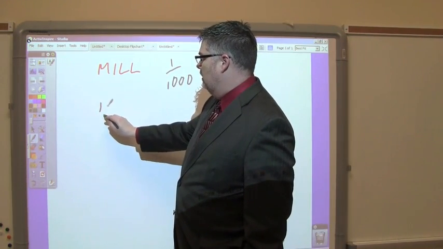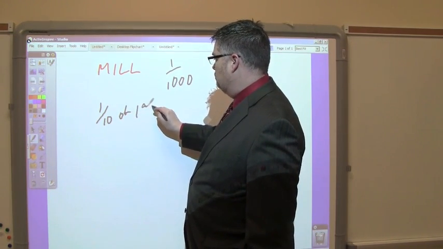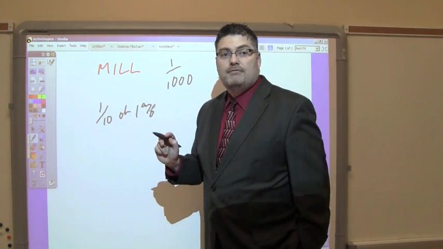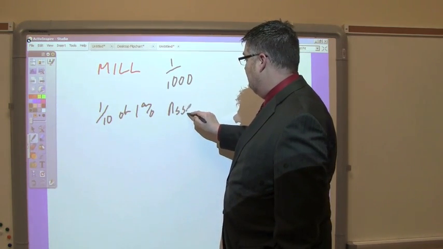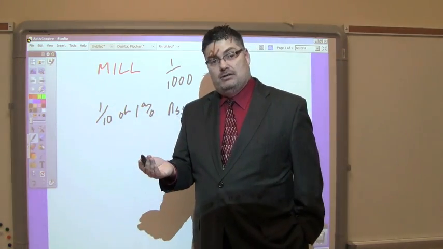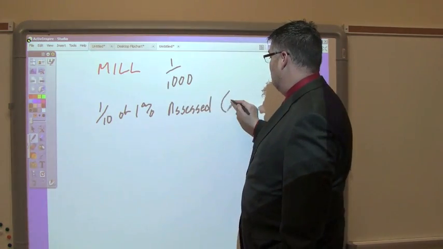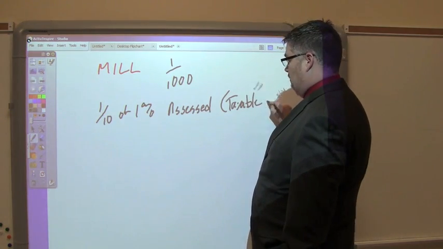I say a mill is 1/10 of 1% of the, and this is critical, assessed value of your house. The Medina County Auditor's website also calls this the taxable value of your house.